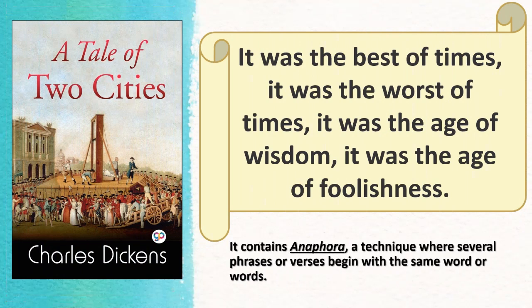So it contains anaphora. When you say anaphora, some phrases in a line are repeated. For example, it was the best, it was the worst, it was the. The repetition of the phrase "it was the" all throughout the entire paragraph is what we call anaphora.